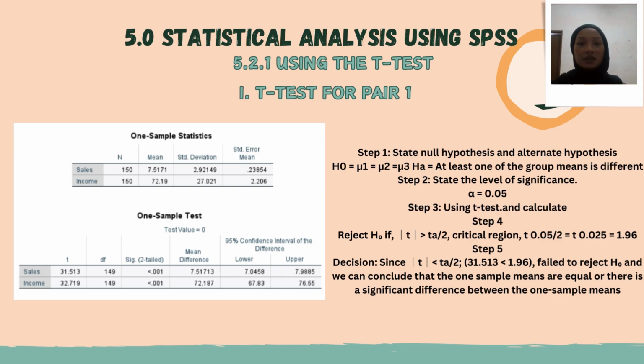Since the absolute value of the calculated t-value, 31.513, is greater than the critical value, we fail to reject the null hypothesis. This indicates that there is not enough evidence to suggest a significant difference between the sample means.